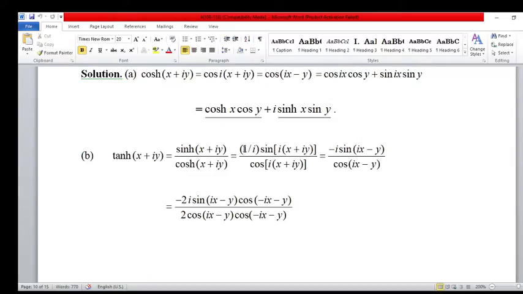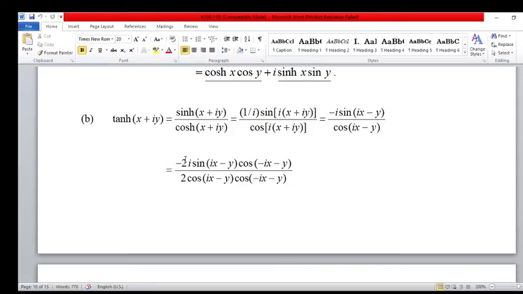This 1 can be written as minus i square upon i, and i cancels. This way we obtain minus i sin of ix minus y. In the denominator, multiplying, we get cos of ix minus y, and again i square means minus 1.